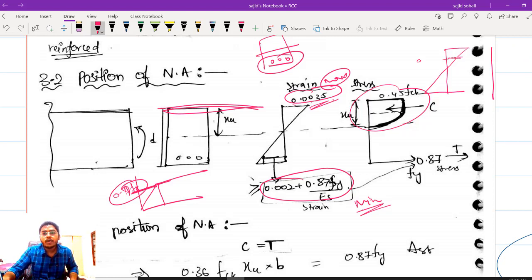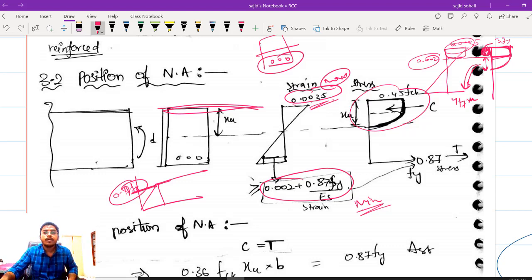If this is my 0.002, what will it be up to here? A parabola. And up to here? A parabola. And at the top portion, what is the maximum strain here? 0.0035, right? Up to this, it is a rectangle. It is a rectangle plus parabola combination. How much is this depth? Obviously you can see, up to 0.002 and here 0.0035. So this should be 4/7 XU and this depth is 3/7 XU.